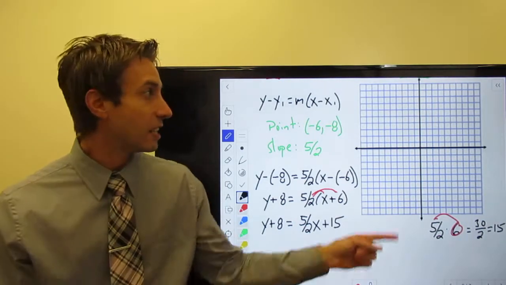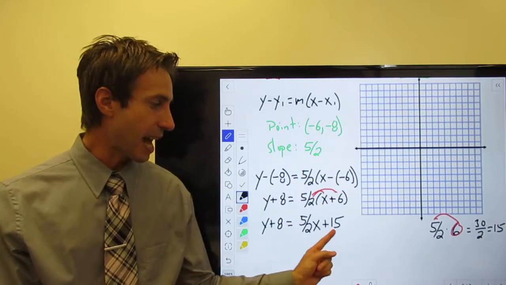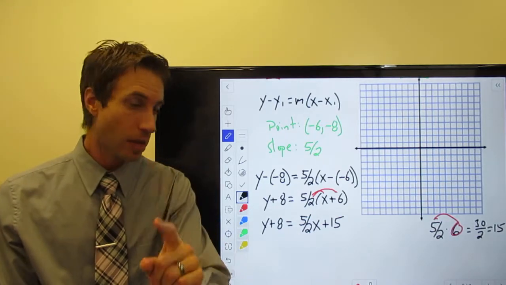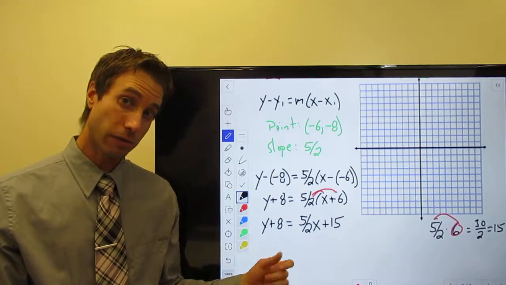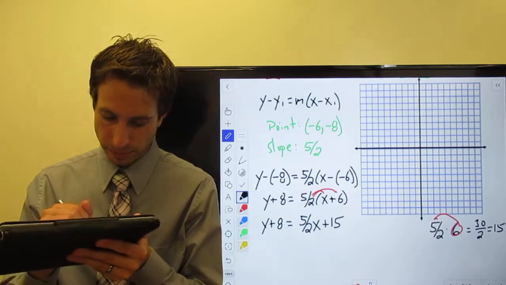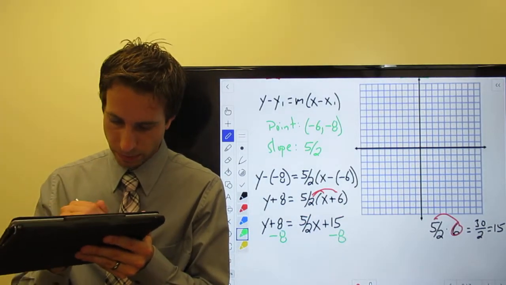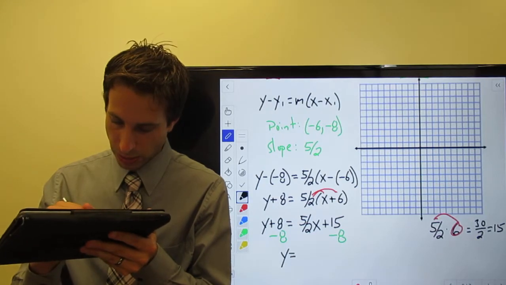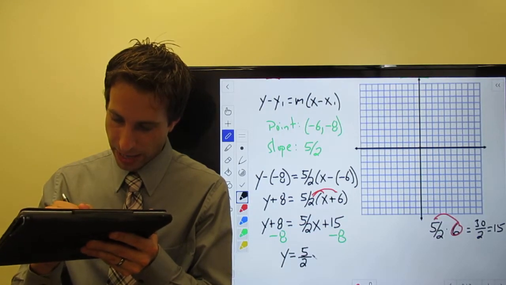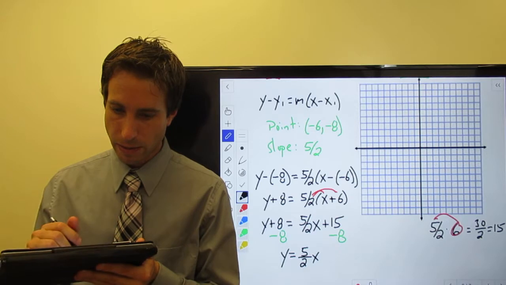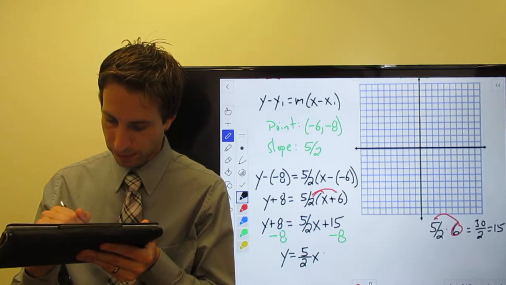Hang on a second, the graph only goes to +10. I can't graph a +10. You've got to get y by itself. Subtract 8 from both sides. So y is equal to 5/2 x. What's that going to be? Yeah, +7.